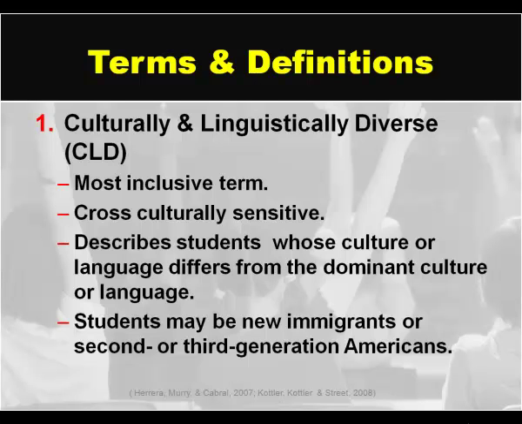It is the most inclusive term. It is cross-culturally sensitive. It describes students whose culture or language differs from the dominant culture or language. It includes students that are new immigrants or second or third generation Americans.